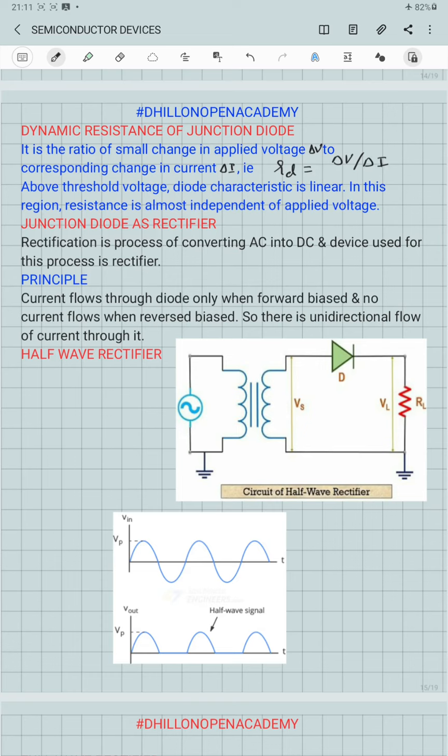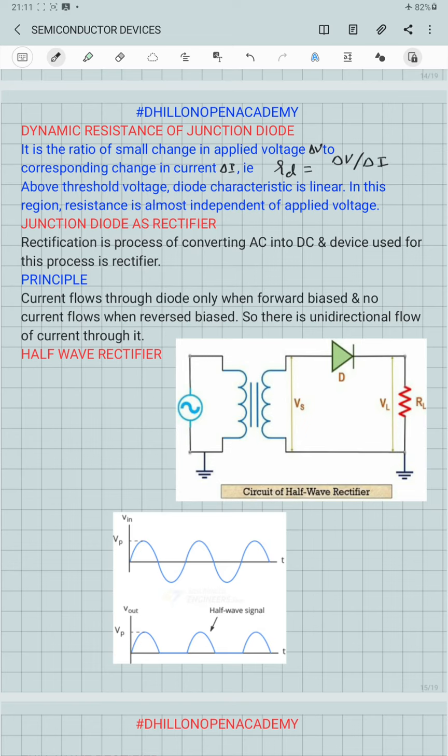What is the basic principle which helps us to convert AC into DC? We know that when forward biased, a junction diode allows the electric current to flow through it due to the majority charge carriers. But when the same diode is reverse biased, it doesn't allow any electric current to flow through it due to the majority charge carriers. That means the current through the junction diode flows only during the forward bias condition.